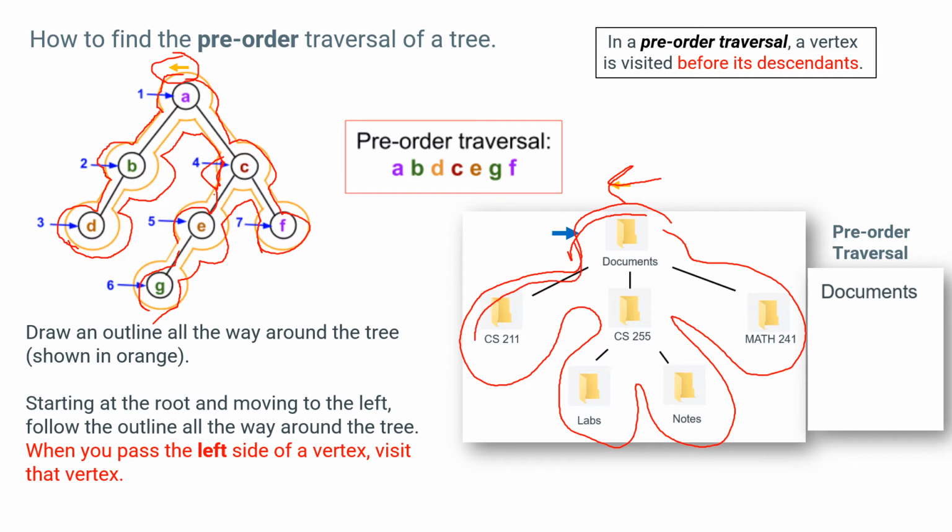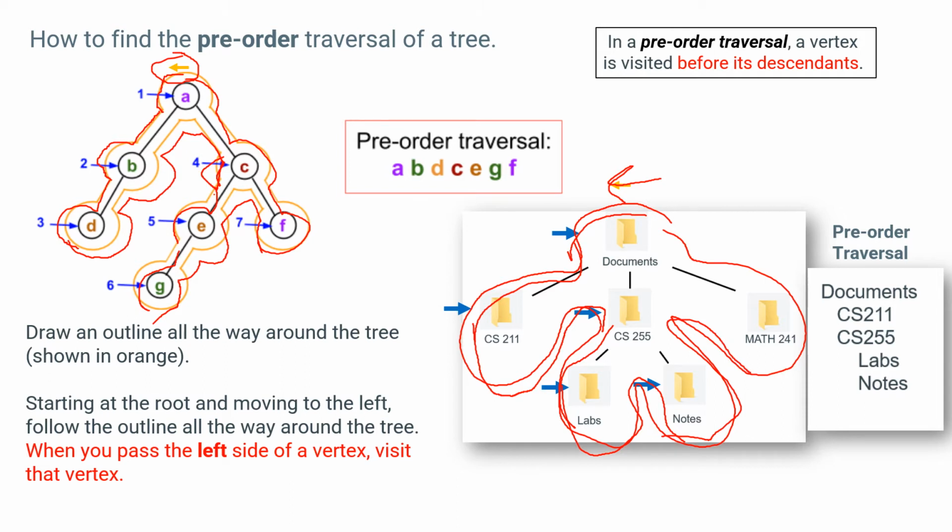Then I come here. Now I'm to the left of CS211, so I would be visiting that next. Now I come up here, I'm to the left of CS255, so I'm going to visit that. I'm to the left of labs. I'm now to the left of notes.